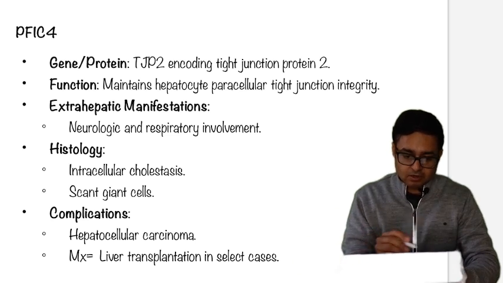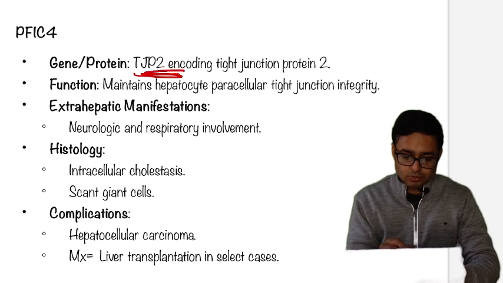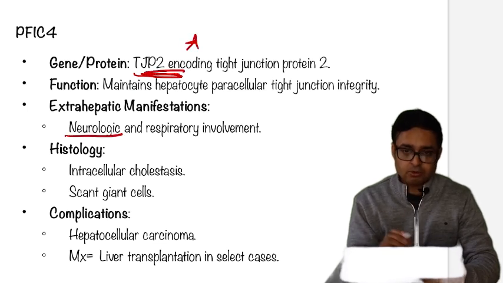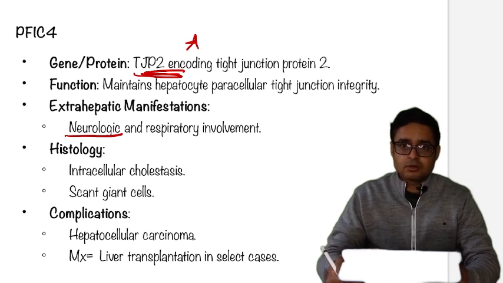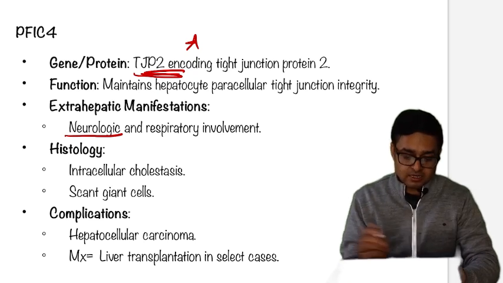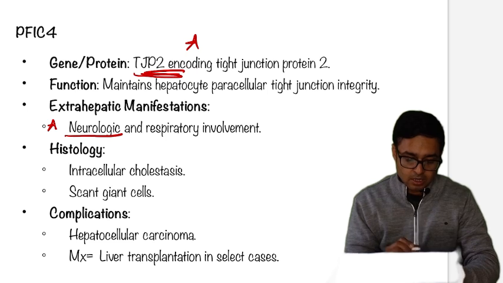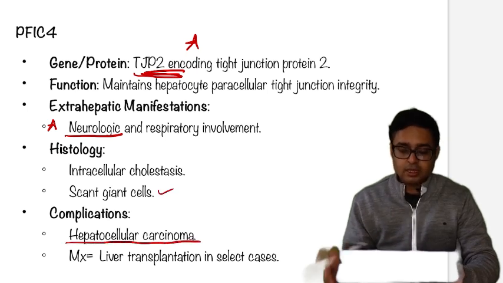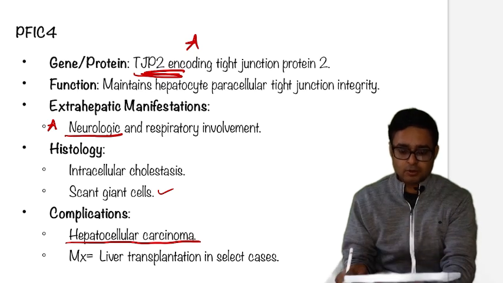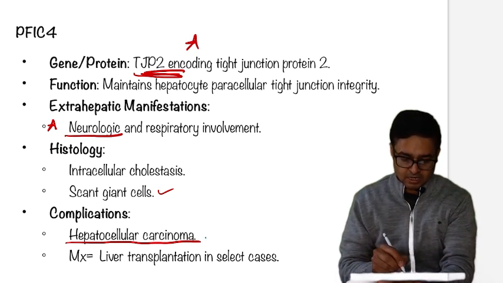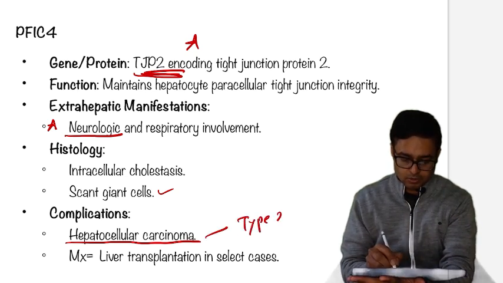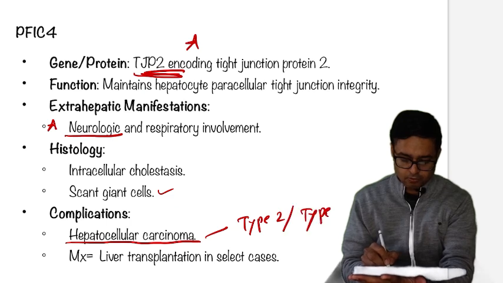Again, PFIC4, you have to remember tight junction protein 2. In this condition, neurological manifestations are also seen. So in which PFIC are neurological manifestations seen? That is PFIC4. Giant cell hepatocellular carcinoma. As we saw earlier also, hepatocellular carcinoma is seen in type 2 and type 4 PFIC.